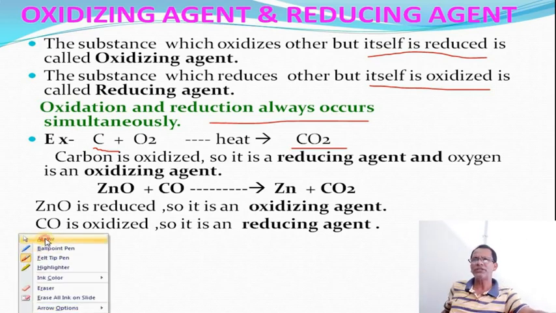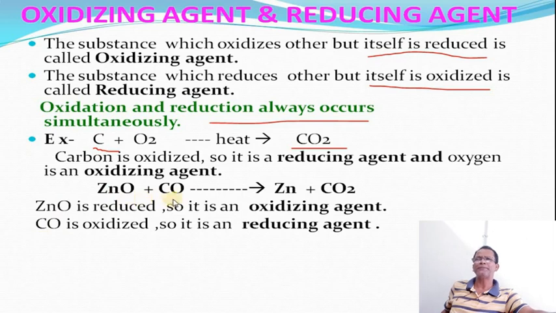Similarly, see the example of zinc oxide combined with carbon monoxide, forming zinc and carbon dioxide. Here, zinc oxide is converted to zinc, which means loss of oxygen, and loss of oxygen is reduction.